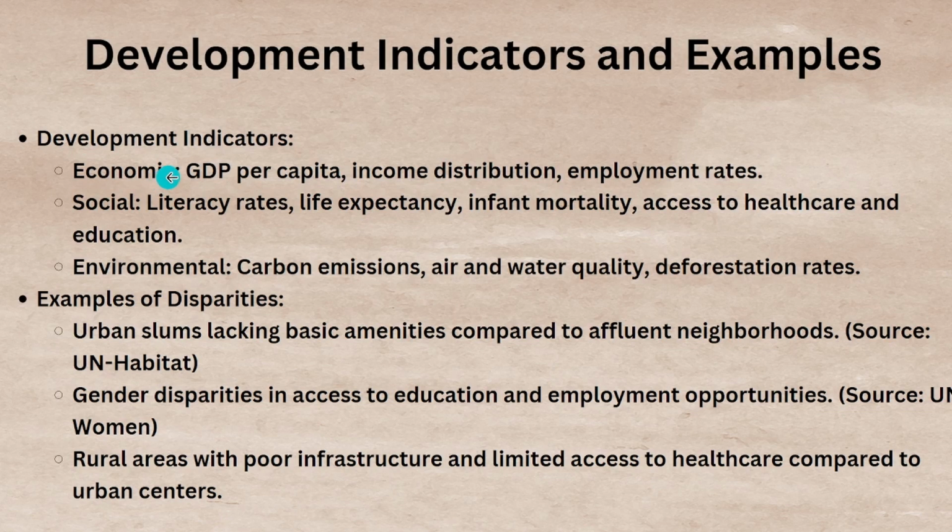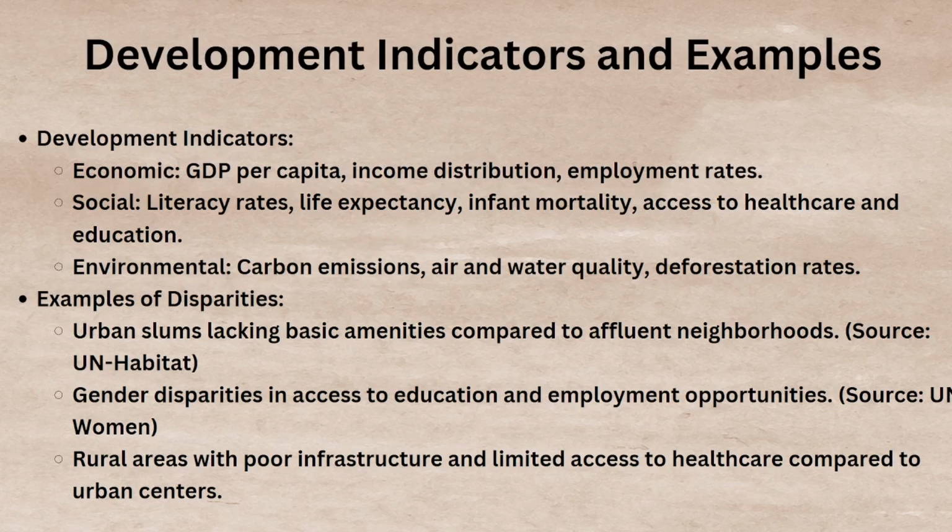GDP per capita means, even if a rich person spends 10 crores and a poor person spends 10,000, everyone from the country or state, whichever area it is calculated for, is counted: total income divided by total population, so that we get an average amount. That average amount will tell us how that country is doing.